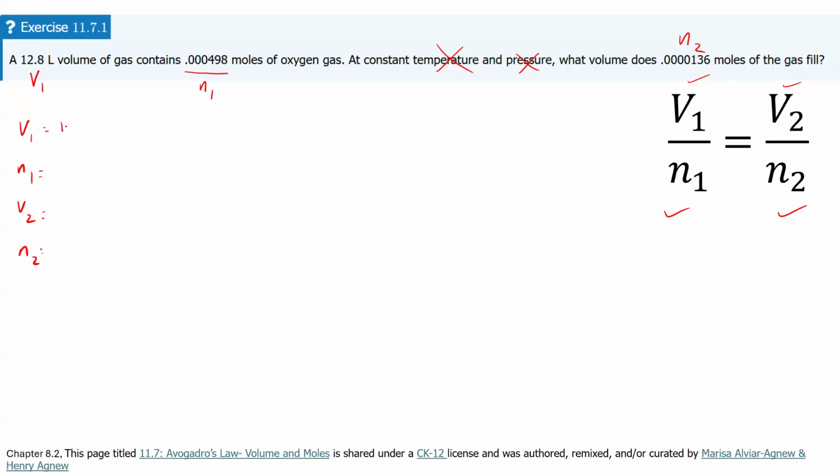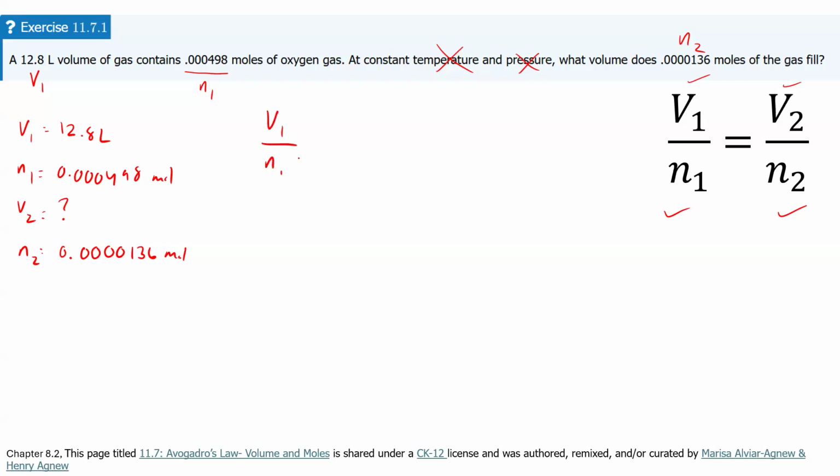All right, this is 12.8 liters. Moles is 0.000498. Then we're looking for V2, and they're saying this is 0 point, and there's 1, 2, 3, 4 zeros, 136 moles. Let's write the equation, V1.